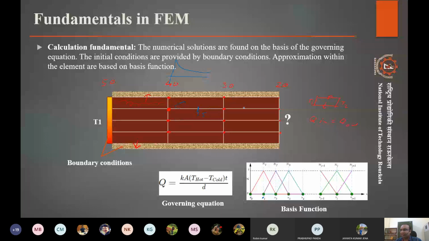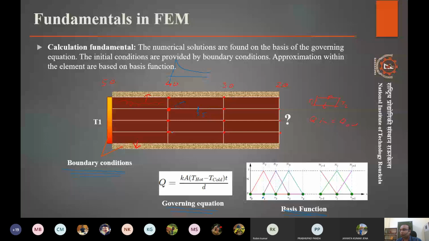So this is a very simple example of how finite element can work, how calculations are done, how the approximations are done, and what the basic components of a simple finite element analysis are, right? The equations that govern the physical phenomena, the boundary conditions for that phenomena, and the approximation condition for that phenomena, right?